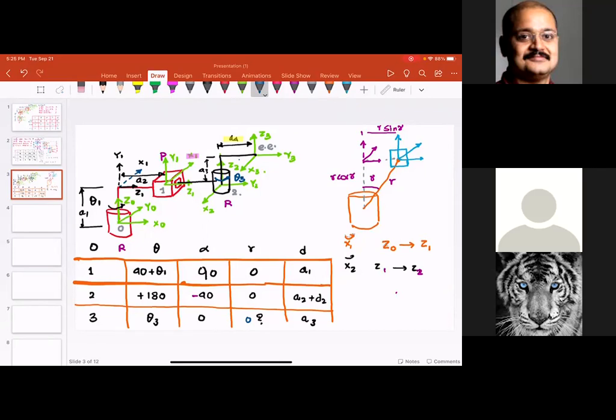But if A4 is not coming into the picture in the DH parameters, then if you were to solve the forward kinematics problem using DH parameters, it will not contain A4. What that means is the DH parameter technique, DH fails.